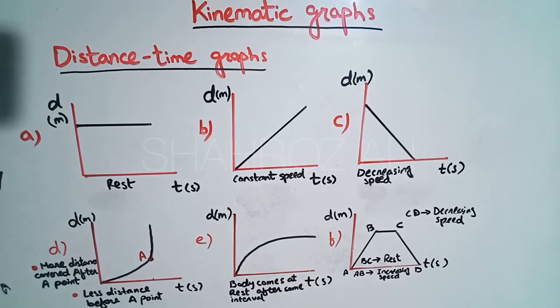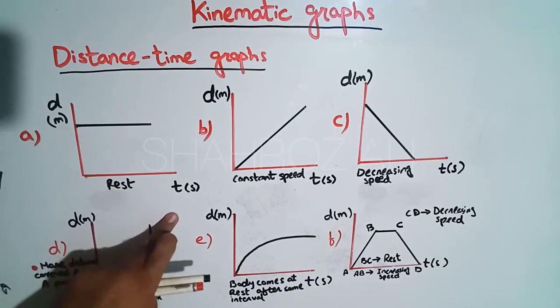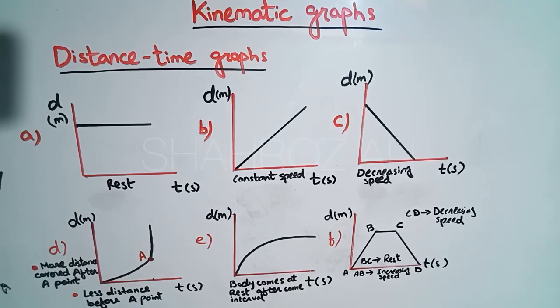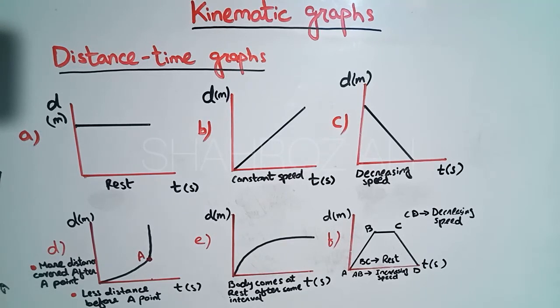Similarly for the speed time graphs. Distance time graphs are similar to speed time graphs, but the difference is that speed, V, is written on the axis, and time is placed as before. We will talk about the formula of the distance time graph or the speed time graph when we find the gradient.